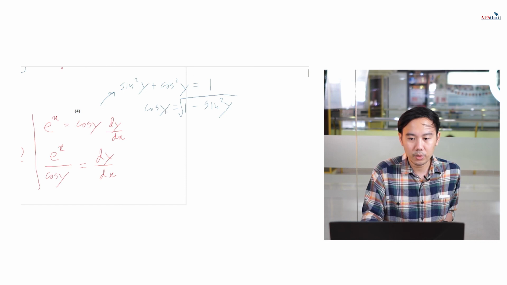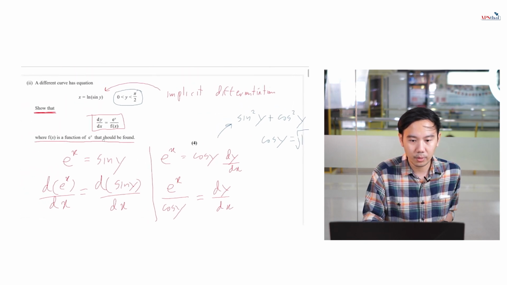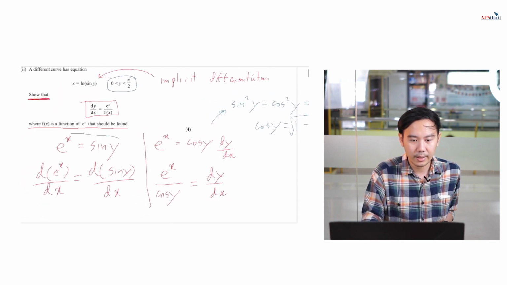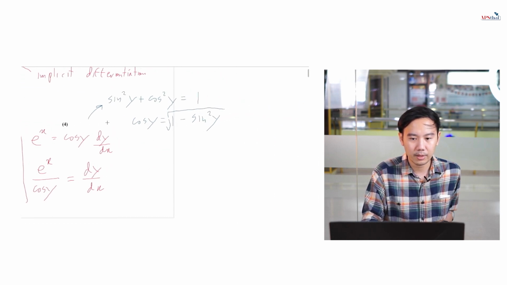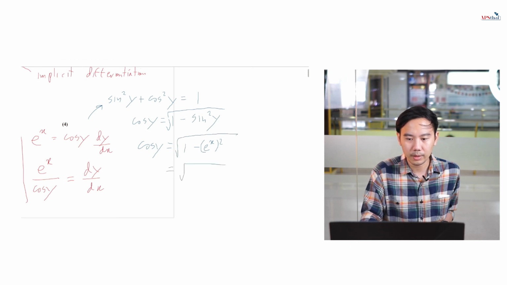So since cosine y is the square root of 1 minus sine squared y, we know that sine y is e to the x from here. So I can come back here and replace sine squared y with e to the 2x, like that. So cosine y will be the square root of 1 minus e to the 2x.